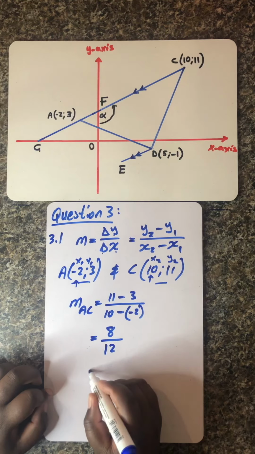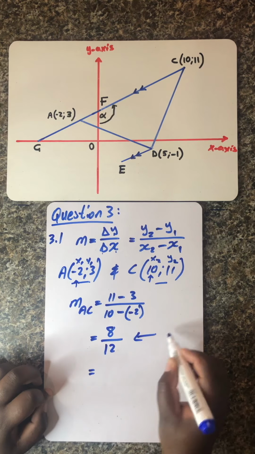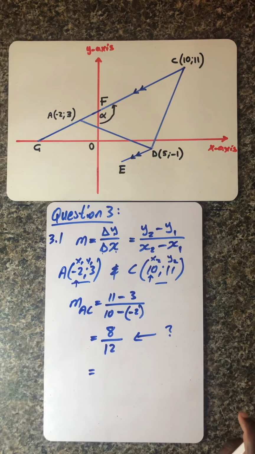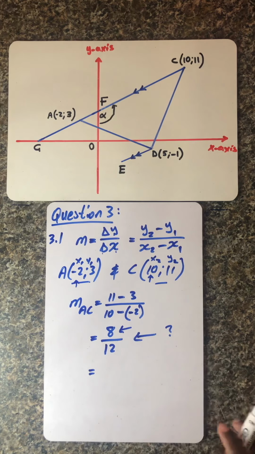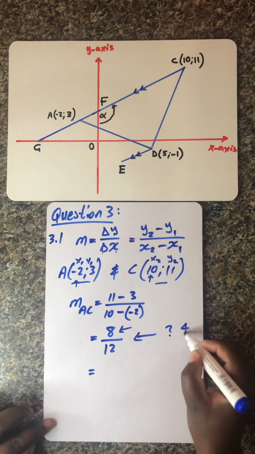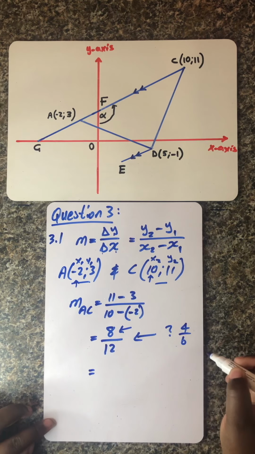Okay, so ladies and gentlemen, can we write this in its simplest form, which means we need to find a common factor? So I think 2 goes how many times? Is it 2? I think not necessarily 2, but 4. 4 is also the highest common factor, because 2 will give us, for example, 4 and 6, I think.